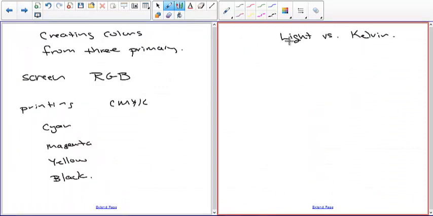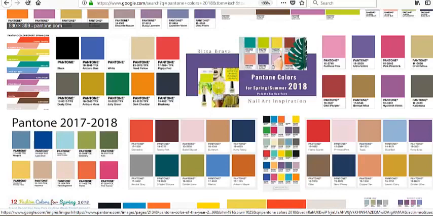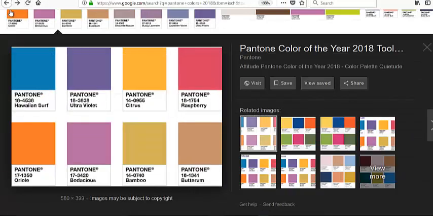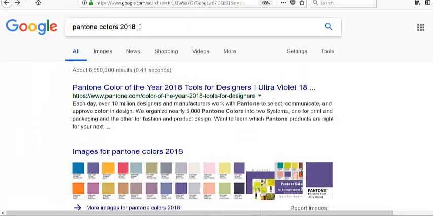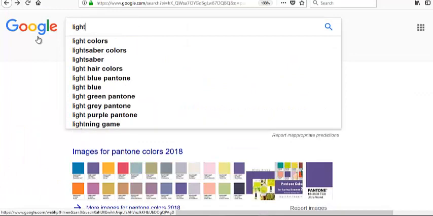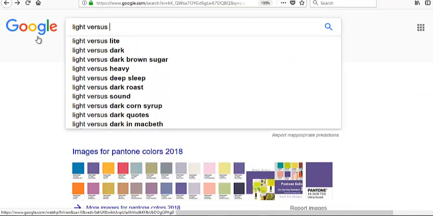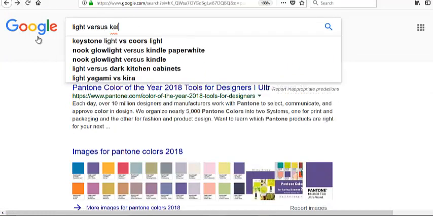And then he's talking about the different light. So I think I showed you a picture, but let me find another one here. So if you look up light versus Kelvin or something like that.